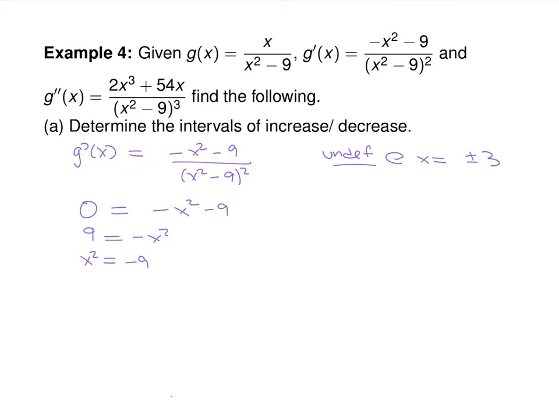No. So g prime of x does not equal 0 anywhere, right? It's only undefined. So on your number line goes -3 and 3. And you're testing the sign of g prime.